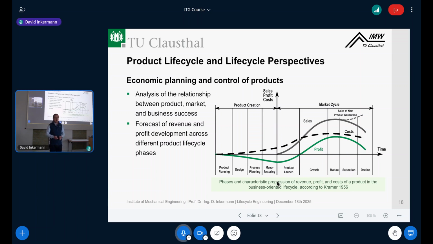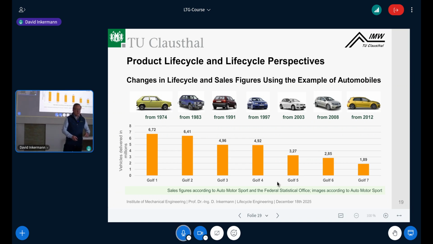That is economic analysis. And if we take an example that's also interesting, again from the automotive industry, you can see here different generations of the Golf car. And it is interesting to consider the time that one of the products was available on the market.